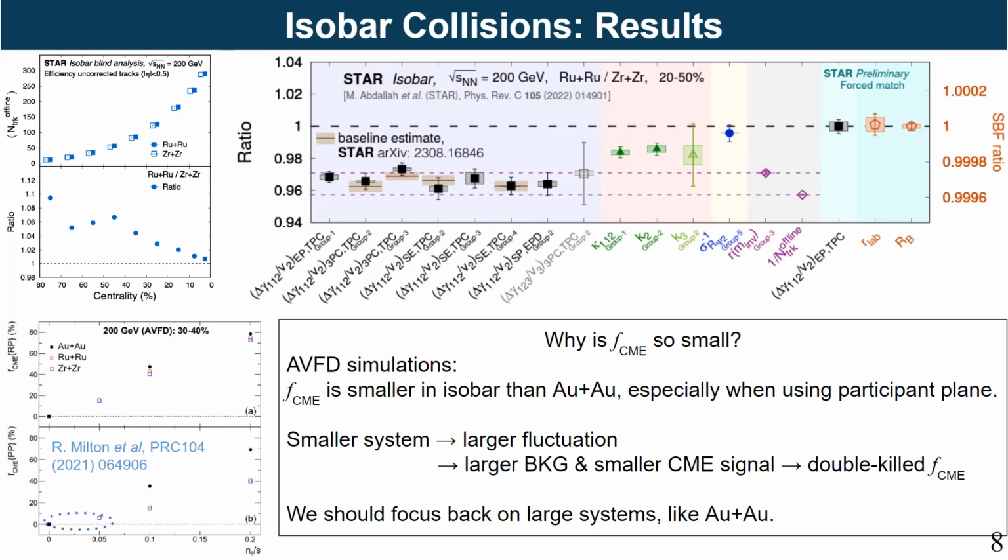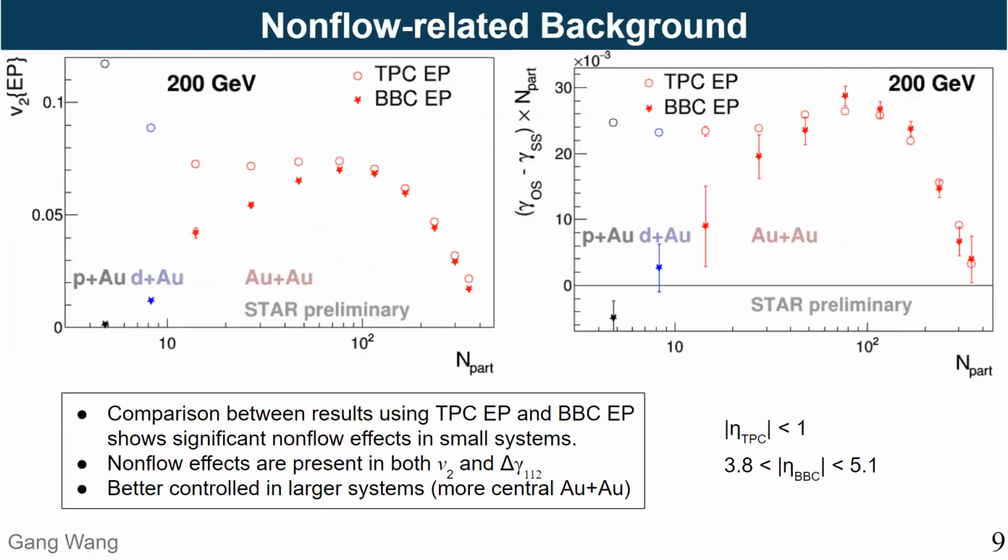The smaller system involves larger fluctuation, and that means larger background, smaller signal. So it's a double kill of the fraction of the signal. That's why we want to focus back on a large system like gold. I will also come back to this point a little later.